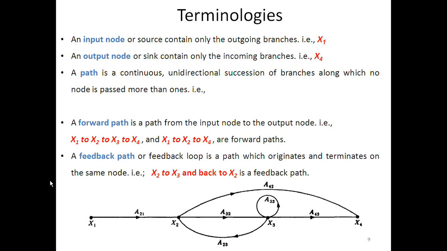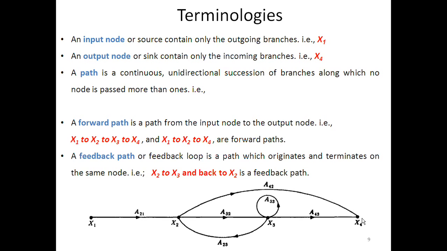Now, what is a forward path? It is a path from the input node to the output node. So path means it must be a continuous unidirectional succession of branches along which no node is passed more than once. But forward path means the same path but between input node and output node, a path which starts from the input node and ends at the output node.